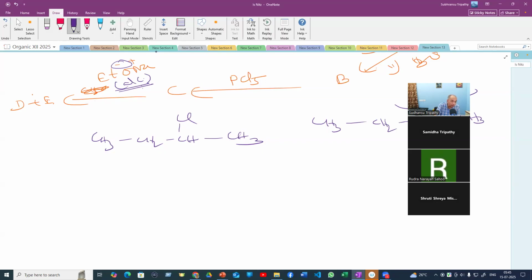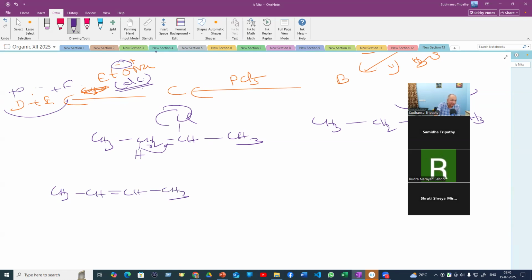And elimination, of course, I could have given D plus E plus F. So when you take the elimination product, since it is an internal haloalkane, you get a mixture, and in fact, if you take the diastereomers, there will be cis and trans.